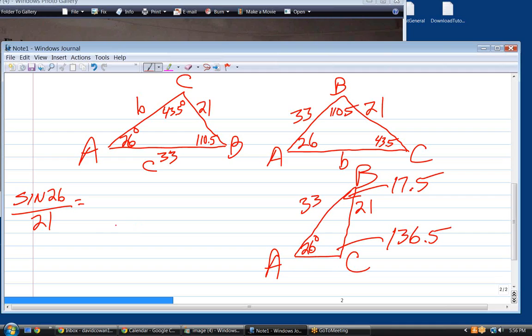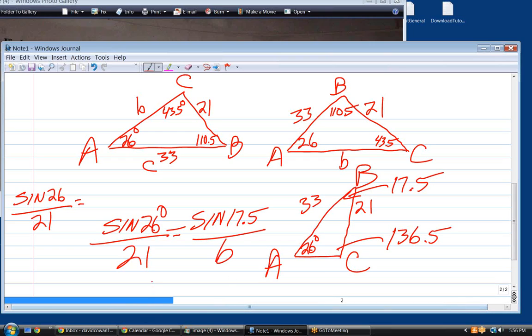We merely need to take the sine of 26 over 21 equals the sine of B, no, excuse me, the sine of 17.5 over side B. And now solve for that, and you have your second answer for side B. We'll call this B sub 2. This is B sub 1 up there. That's B sub 2.